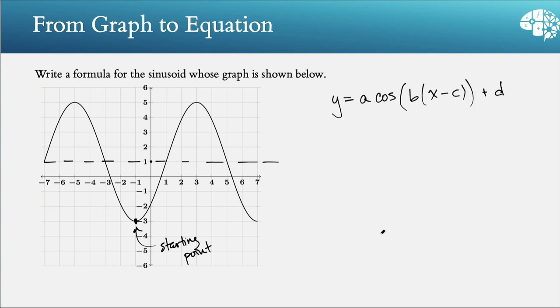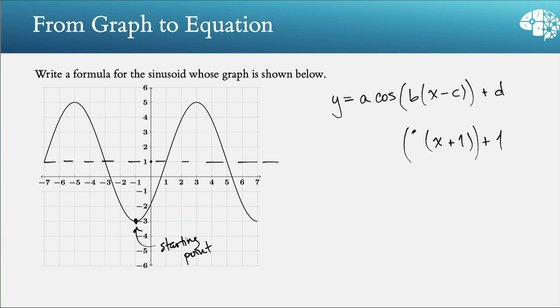Okay. Some of these are really easy to see. For example, d, of course, is the midline. That's just going to be 1. So I know it's going to be plus 1. Let's do c. c is the x value of the starting point that I chose, which is -1. Be careful. X minus -1 is x plus 1.